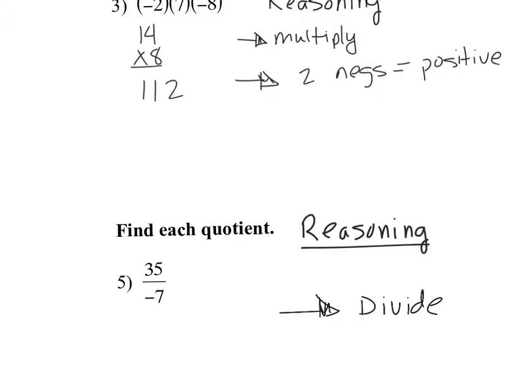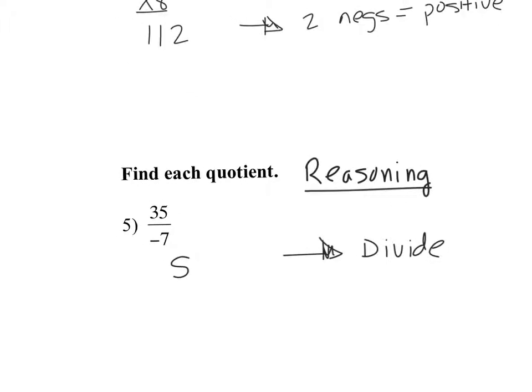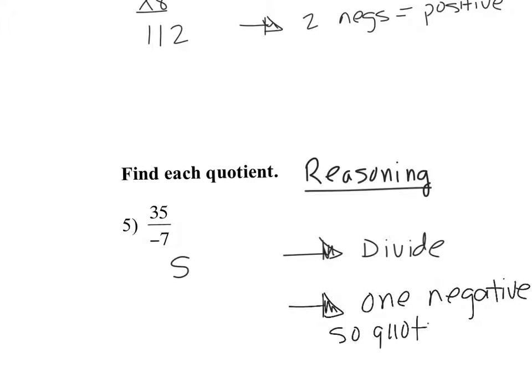I get what, in my opinion, is the hard part out of the way first. 35 divided by 7 is 5. But this time, there's only 1 negative. So the quotient is negative.